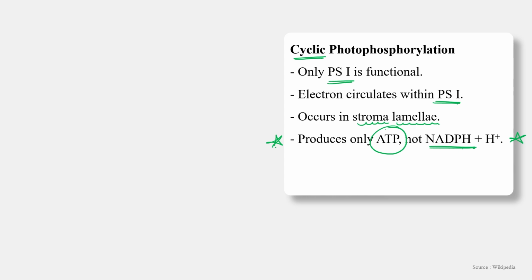So this is the difference between cyclic and non-cyclic photophosphorylation. It happens when the light wavelength is more than 680, because the P700 molecule is active in cyclic photophosphorylation.